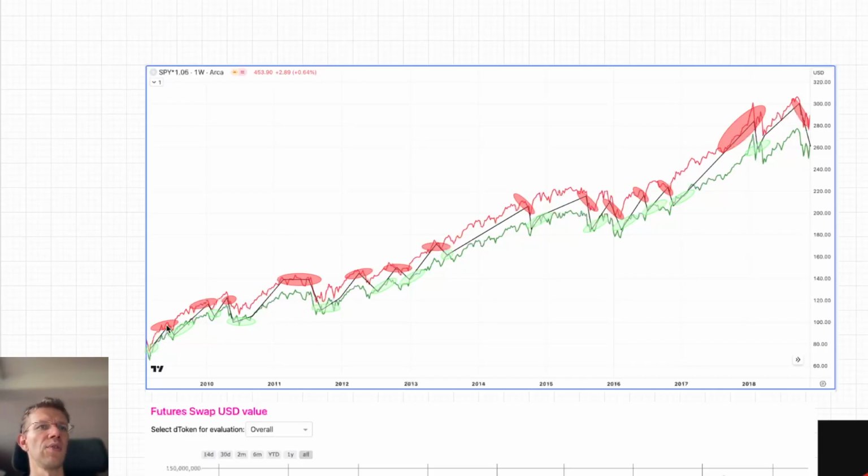So that if we have a move up of 100 or 250%, I think we might see, I don't know, 10, 20%, 30% of that created in algo tokens.